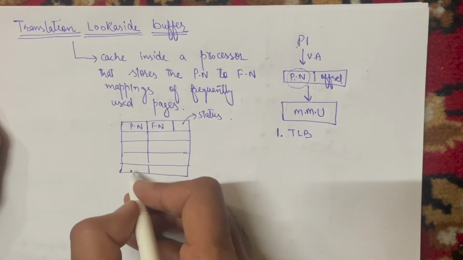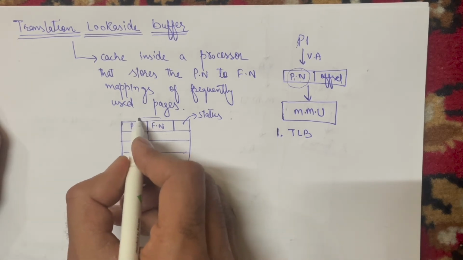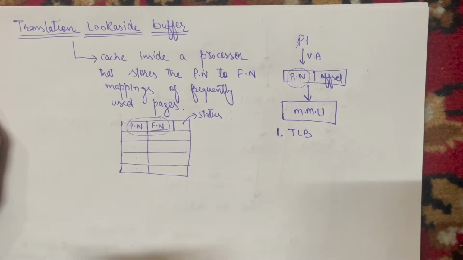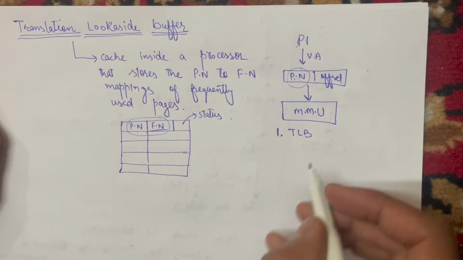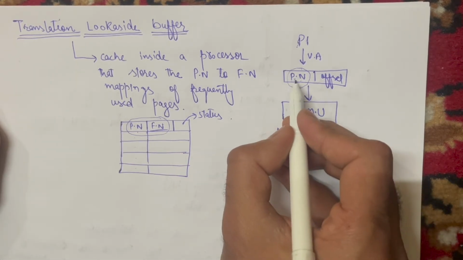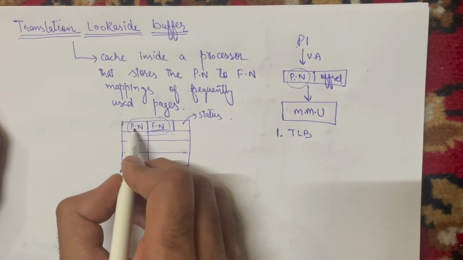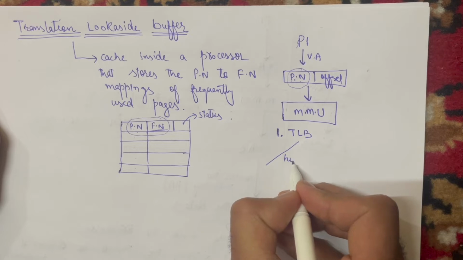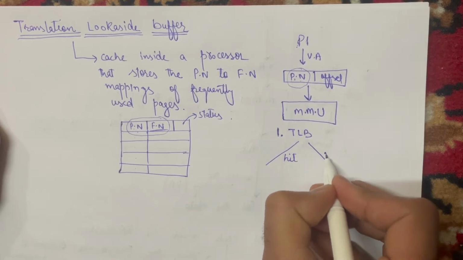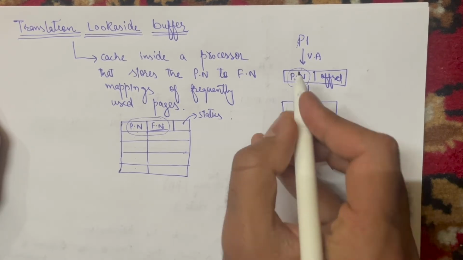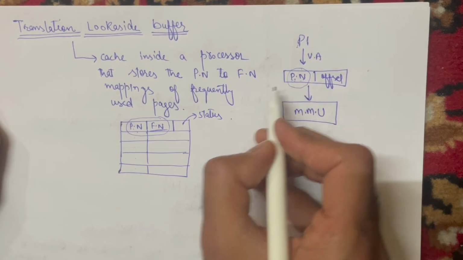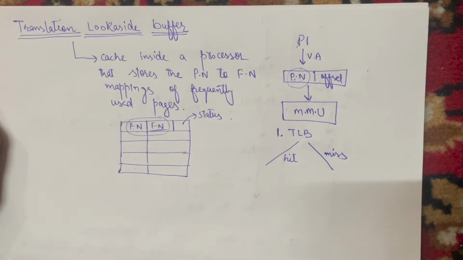So it will search this cache. If there is a mapping available in the cache, it will get its corresponding frame number. So from the TLB, it will see if this page number mapping is there. There are two possibilities, hit and miss. Hit means that the frame number corresponding to this page number, that mapping is present in the cache.